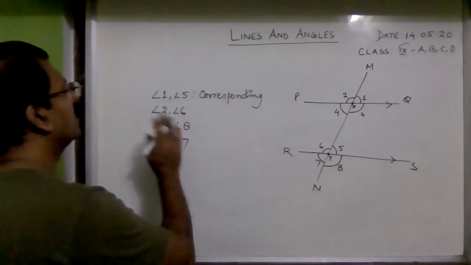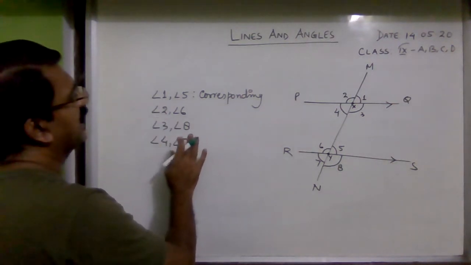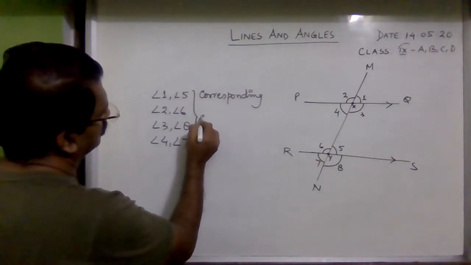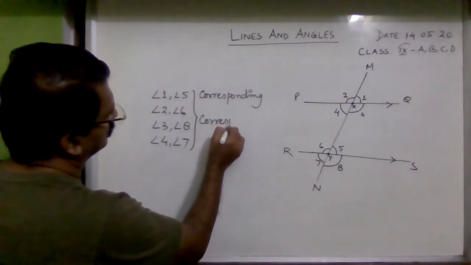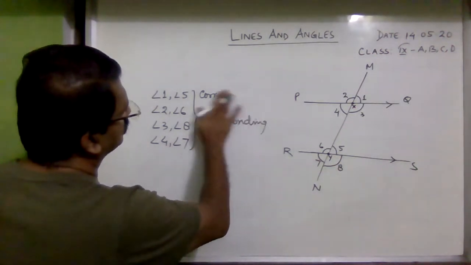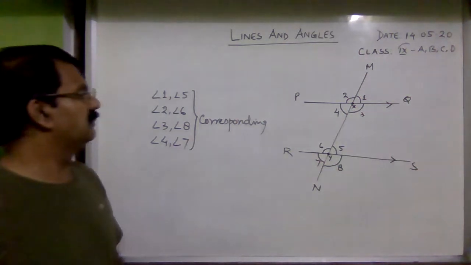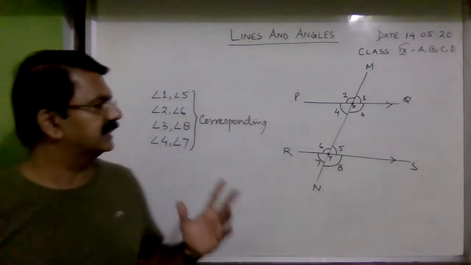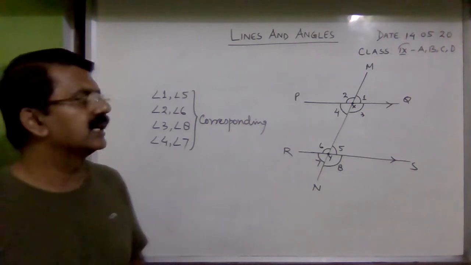So we have 4 pairs of angles and they are called corresponding angles. So we may represent them like this. These pairs are called corresponding angles.